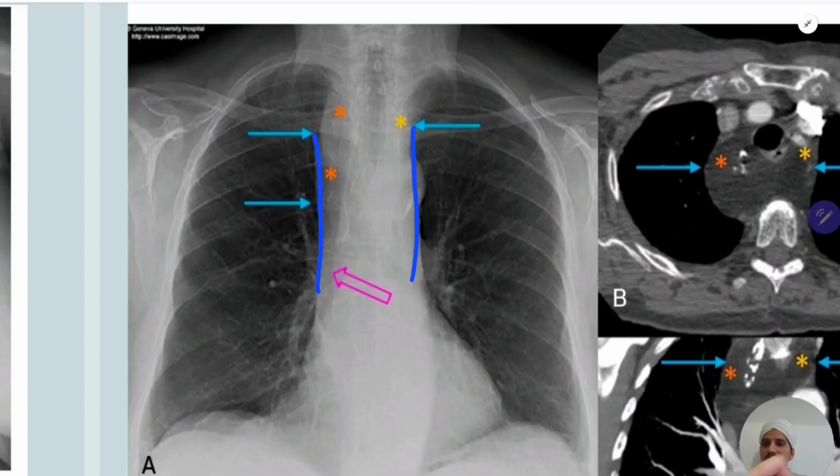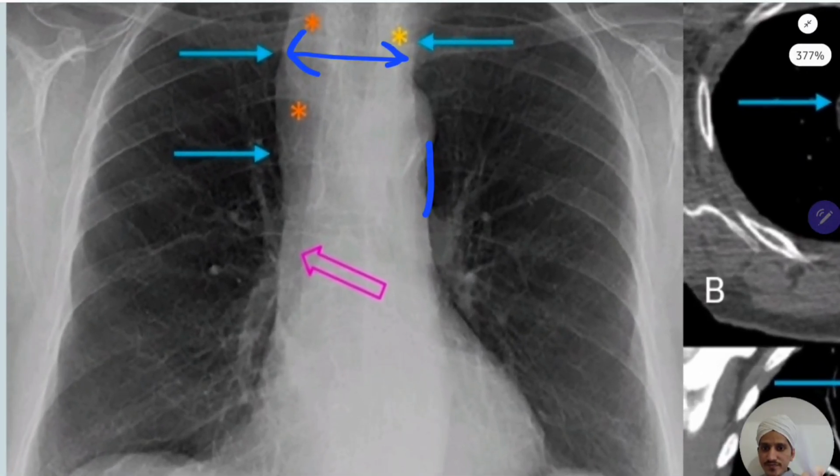And what are the clues that it is in the middle mediastinum? The clue is that this aortopulmonary window is enlarged. There is mediastinal enlargement, which can be seen in anterior and middle mediastinal masses. Now you see here, you are not able to make out the vessels in the right carina.